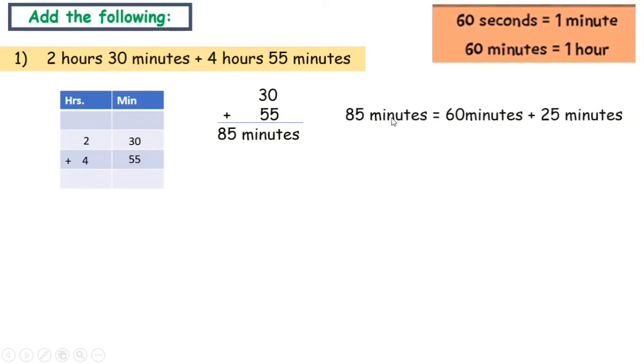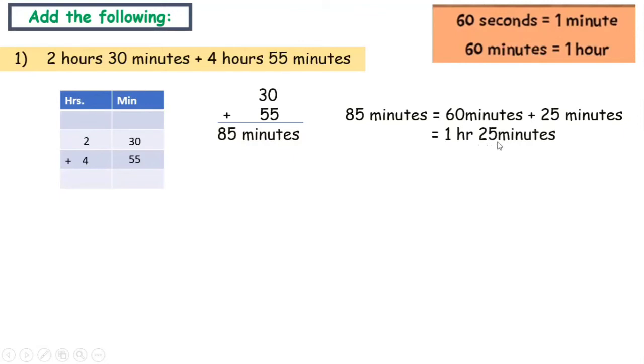So we write 85 minutes is equal to 60 minutes plus 25. Now 60 plus 25 gives us 85. So we just have split the number 85 as 60 and 25 because we know 60 minutes is equal to 1 hour. So instead of 60 minutes we write 1 hour and 25 minutes as it is. So now we have got 85 minutes as 1 hour 25 minutes.